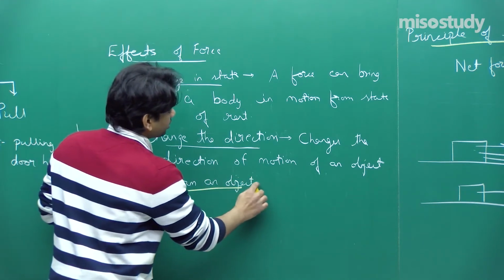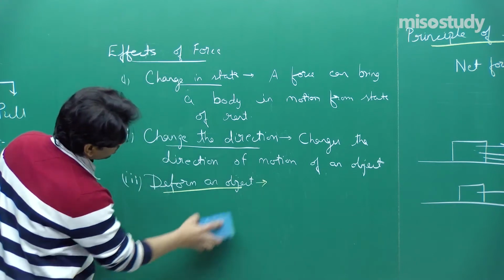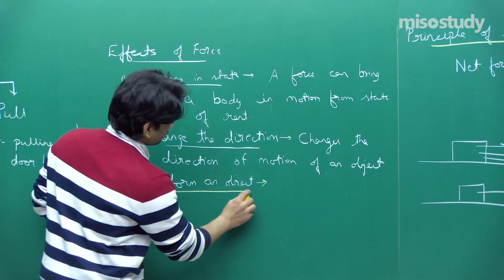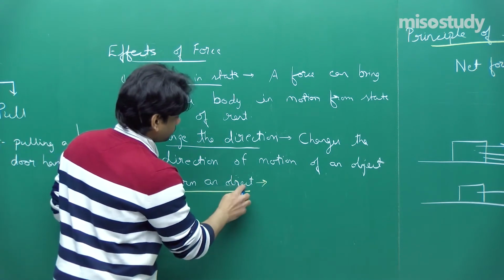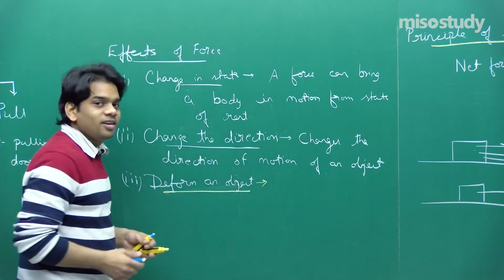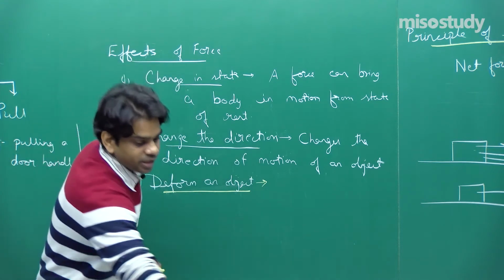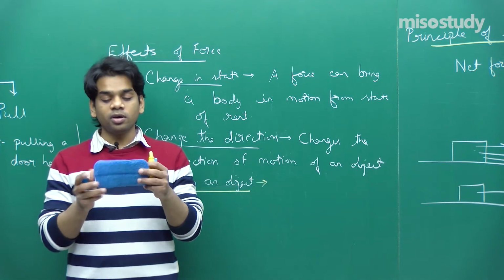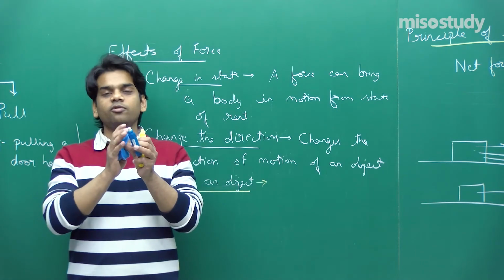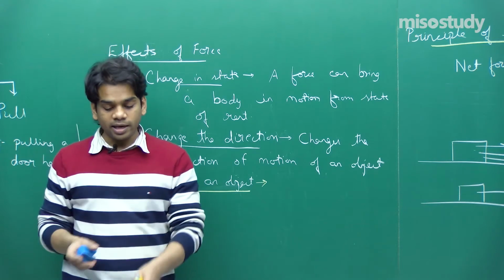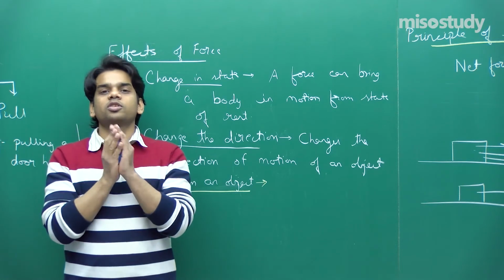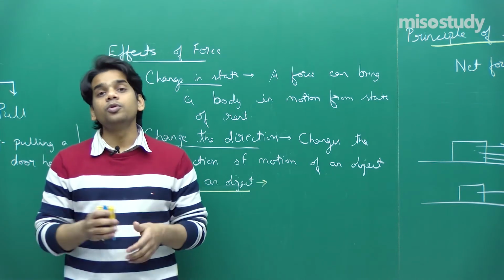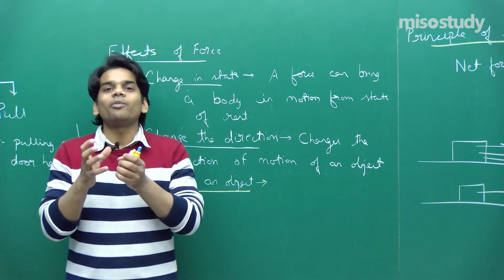A thing that you all can notice: if you take an object and exert force on it, like let's say I have a piece of rubber, the duster pad here, if I exert a force on this, I can easily deform its shape. There are many things whose shape can be deformed by applying a force.